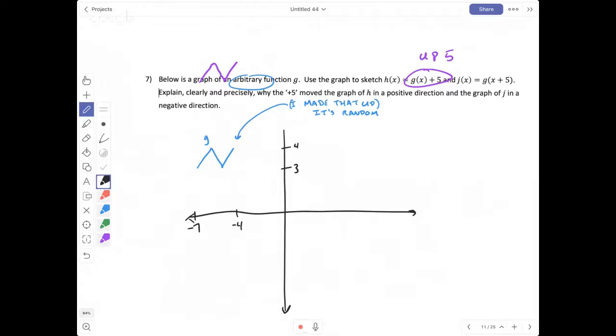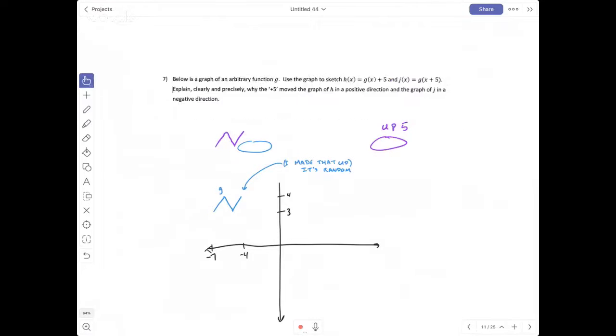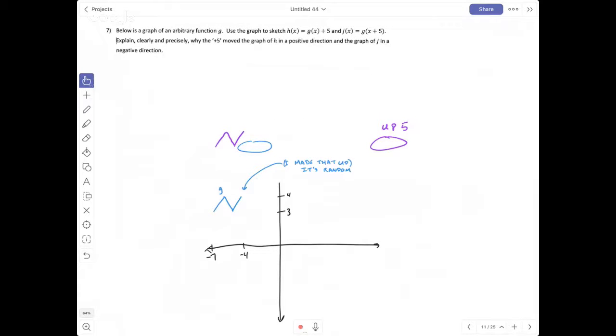And let's see, I bet you I can pull that out of the way. There we go. And then if I erase that, we'd be in business. Look at that, I fixed everything. Arbitrary meant that. Plus 5.